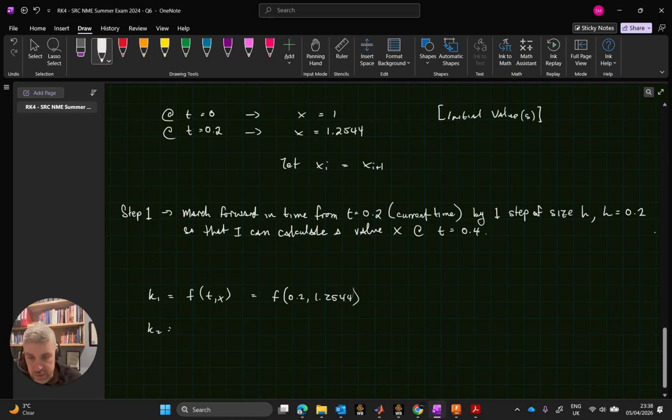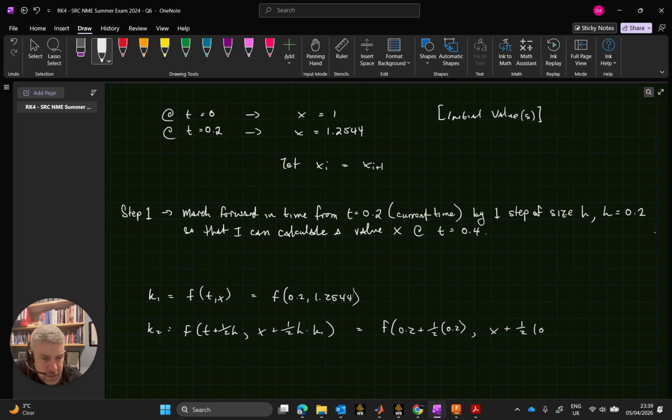K2 is equal to the function value at t plus 1/2 of h, x plus 1/2 of h multiplied by k1, which is equal to f of t is 0.2 plus 1/2 of the step size, 0.2, x plus 1/2 of the step size, 0.2 by k1, whatever you worked out when you calculated that up there, and so on.